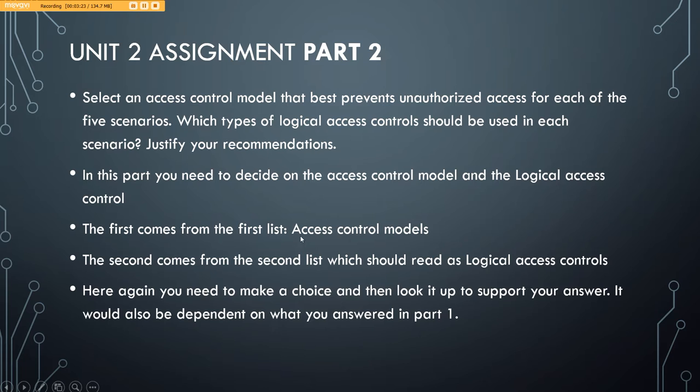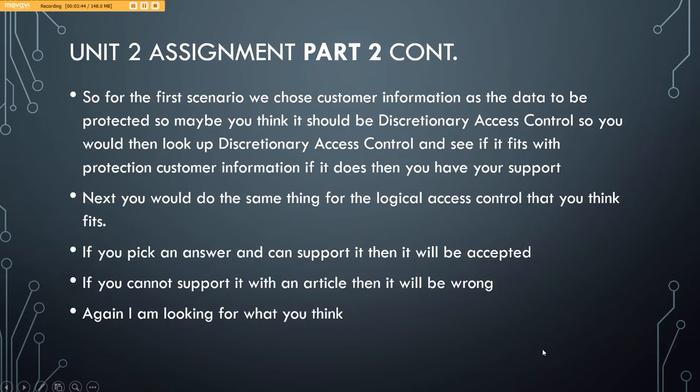The first thing comes from the first list that's shown, and the second comes from the second list, which should say logical access controls. All it says is access controls. Here again, you need to make a choice and look up support for it. You can use what's written in the book, just as long as you reference it properly.